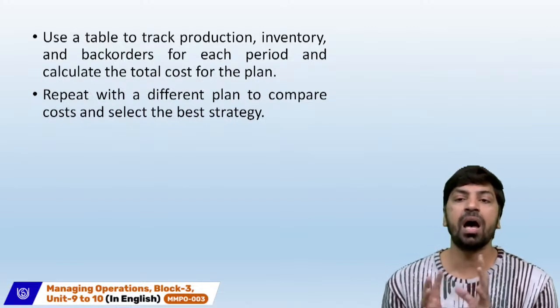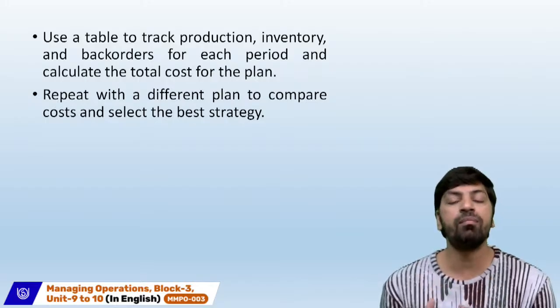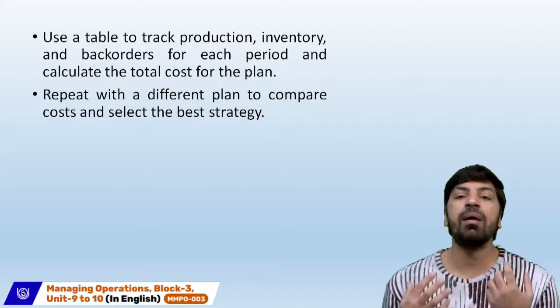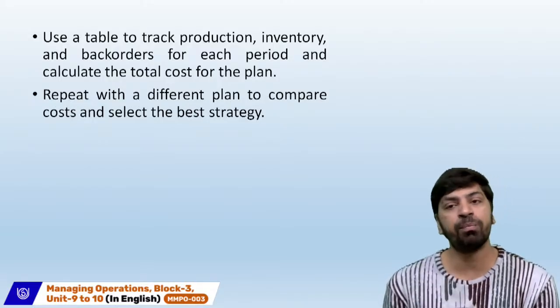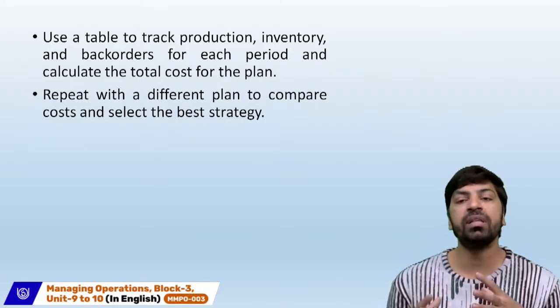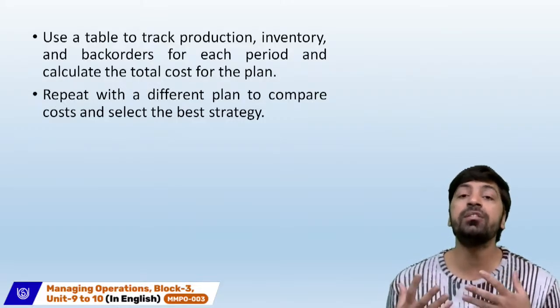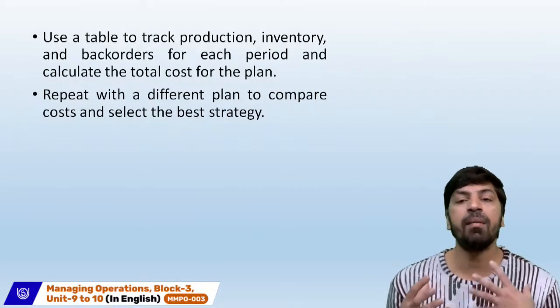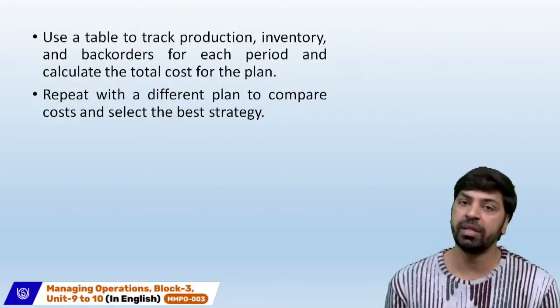So this is how the informal trial and error technique is followed to come up with the most appropriate aggregate plan, using the best strategy while comparing the cost among the different periods.